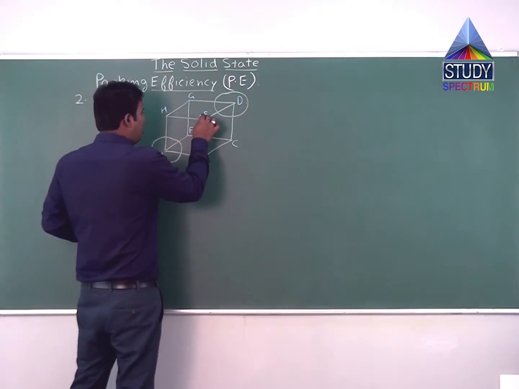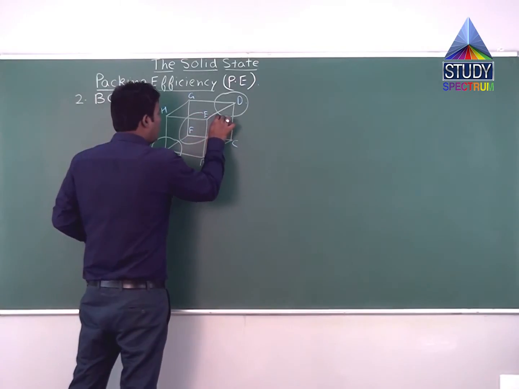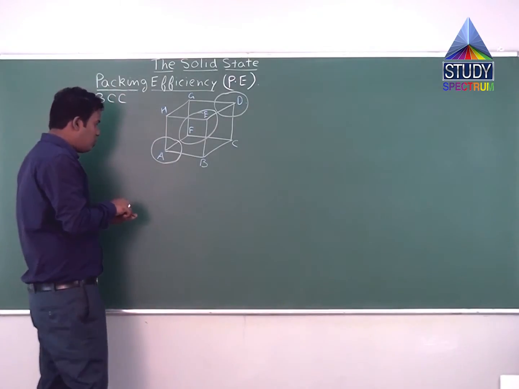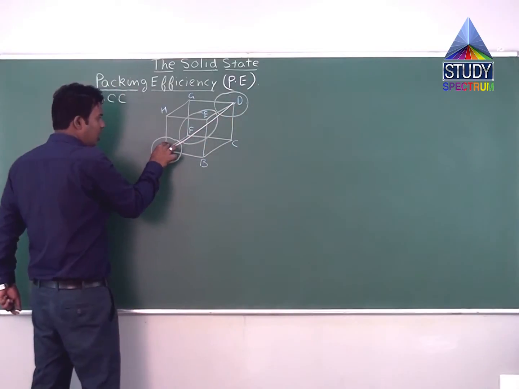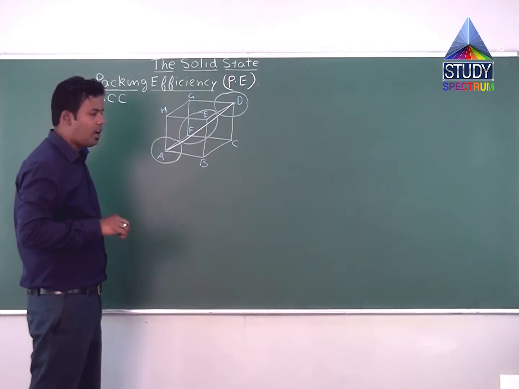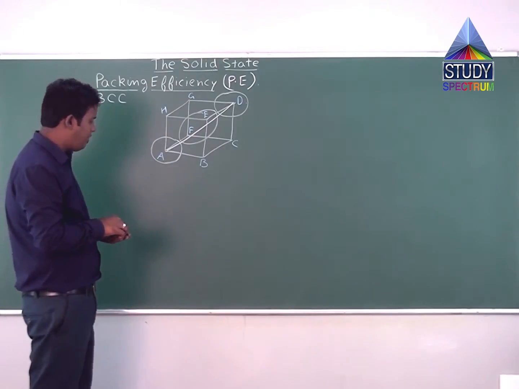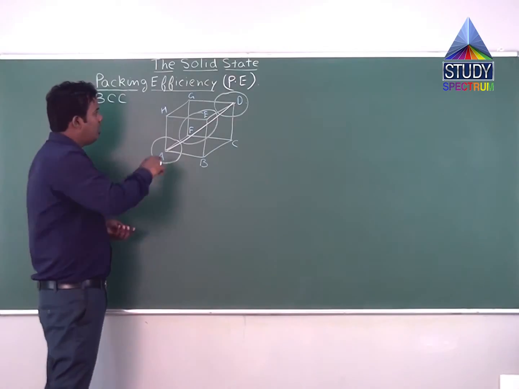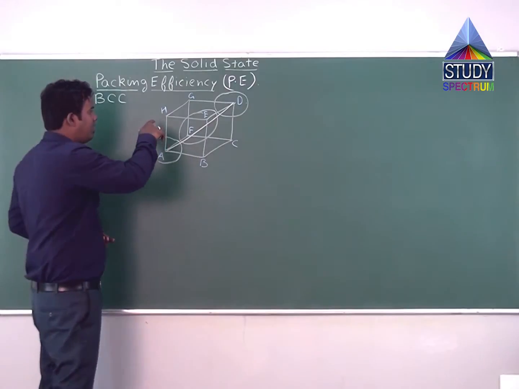Also, there is an atom present at the center of this body. Correct? Now, if I join this AD, it becomes the body diagonal. Now, try and understand. Let us consider triangle GHD. The top face has HD as diagonal.